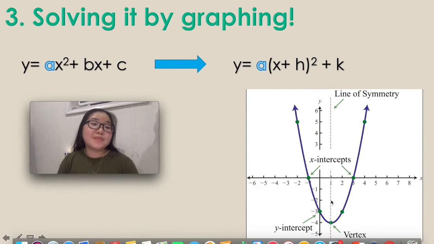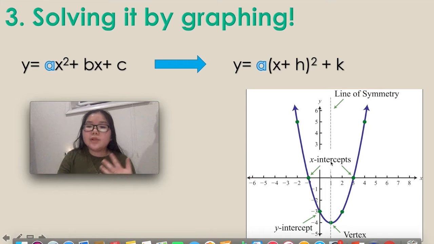So now I will give you a quick review of the graphing form that I already introduced to you in a previous video. How can you move it to the left, to the right, make it bigger, make it thinner, or make it open up or open down? I hope that you still remember, but I will still make a quick review for you. Everybody needs it, right?